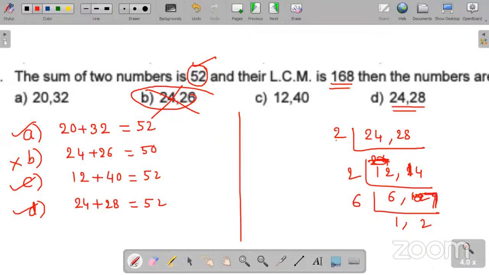So 2 sixes are 12, 24. 24 into 7 you will be getting. So 4 twos are 8, 4 fours are 168. No, it is incorrect.